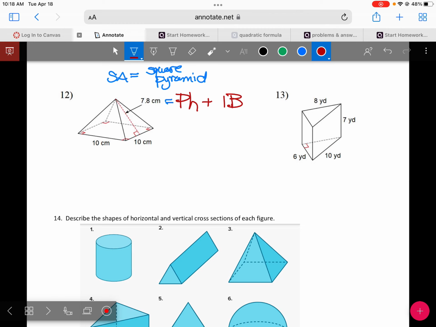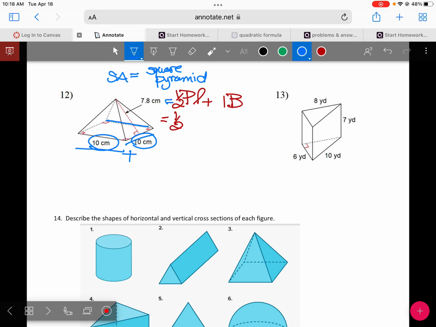Surface area is 1/2. That's why I'm saying you have to know what these are. Will we have this? Yes, you will have the half sheet. So 1/2 times the perimeter times the cursive L. Perimeter is the distance around, so that's 10 plus 10.